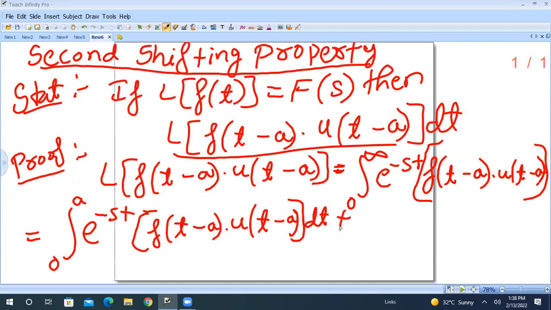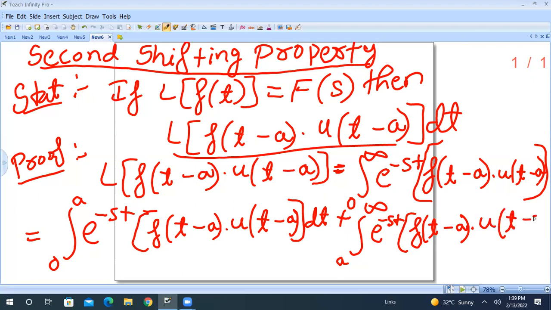So next, this integration is 0 to a. Next, the a to infinity: e to the power of minus st, then f of t minus a, into u of t minus a, close the bracket, into dt.